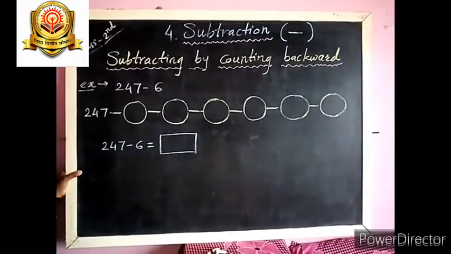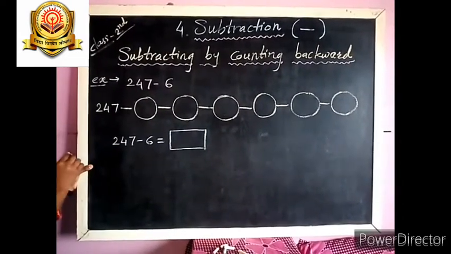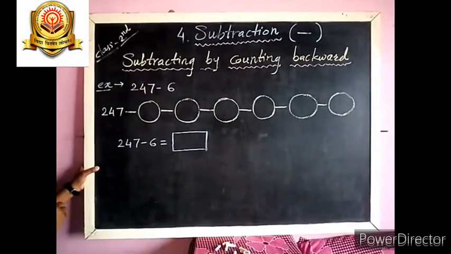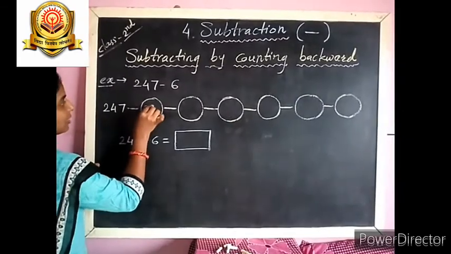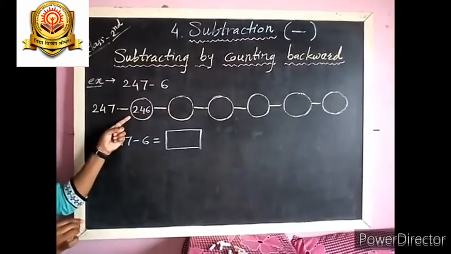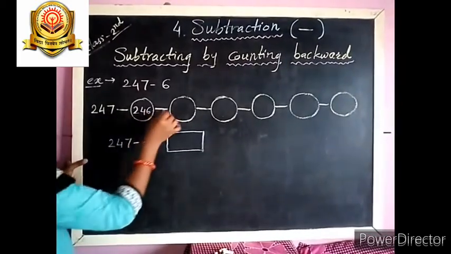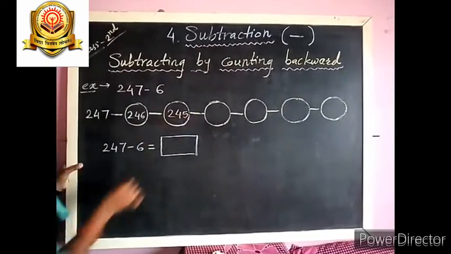Then count backward from 247. Before 247, which number will become? 246. Before 246, which number will become? 245.